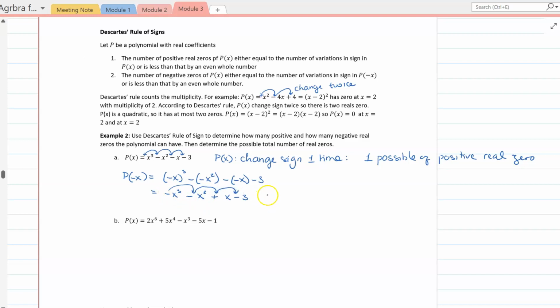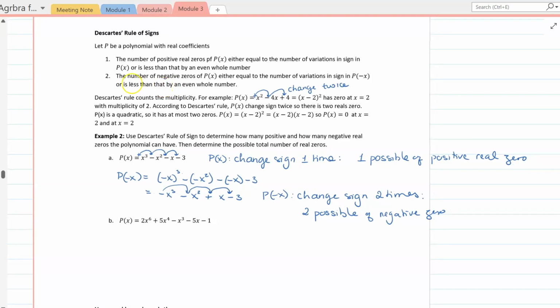So P of negative x changes sign twice. So then we have 2 possible negative zeros, or less than that by an even whole number. So this means we can have 2 possible negative real zeros or 0 possible negative real zeros.